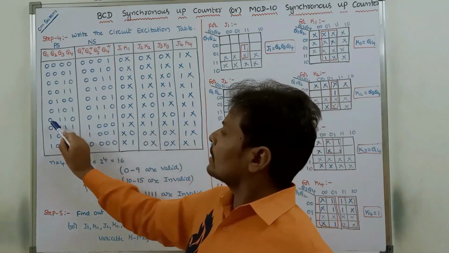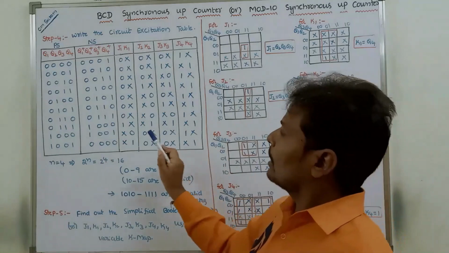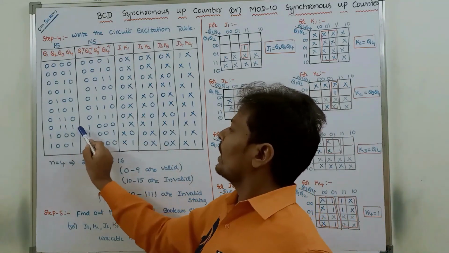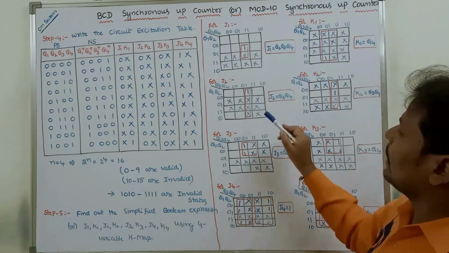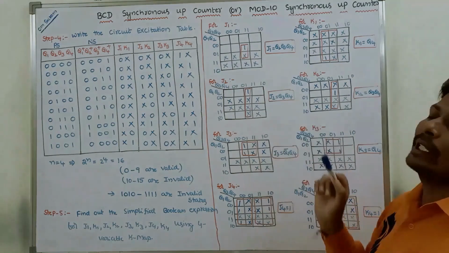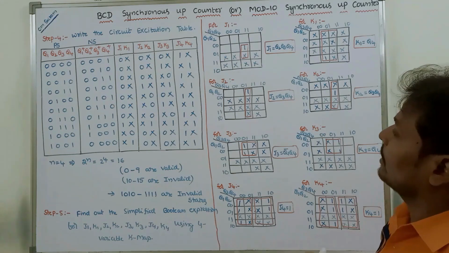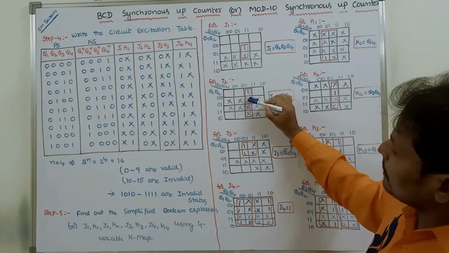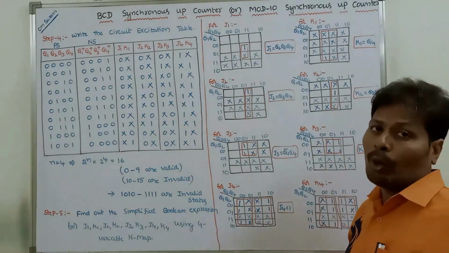Here don't care, 0, 1, 1, 0. Here don't care, 0, 1, 1, 1. And here 10, 11, 12, 13, 14, 15 are invalid states. They can be represented with don't care. So now this one and these three don't cares can be formed as a quad.